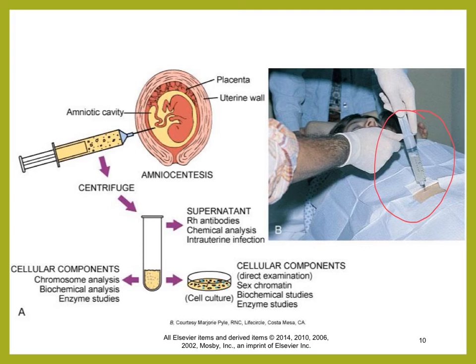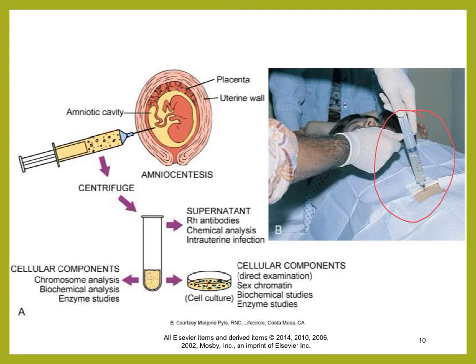They want to reject each other. So if mom is getting an amniocentesis and she is Rh negative, she's going to get a dose of RhoGAM at this time. Things that can happen with baby: death, hemorrhage, infection, and direct injury from the actual needle itself.